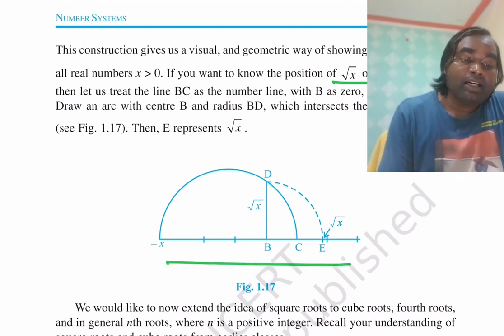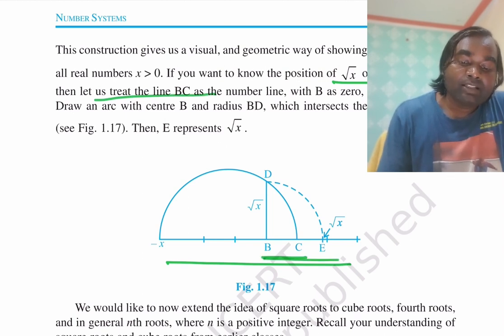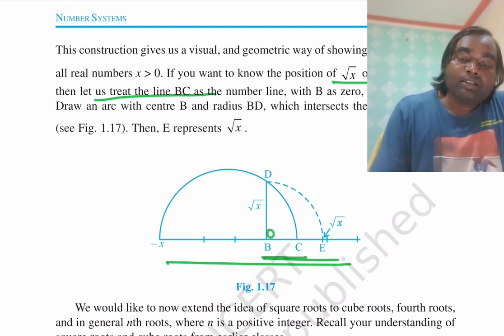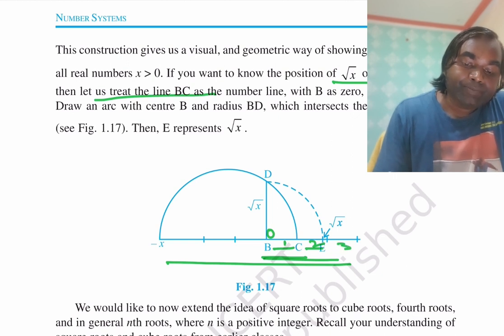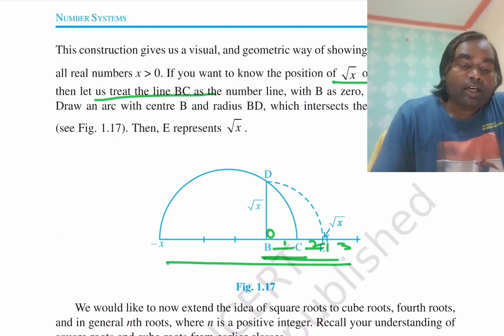So the method is, let us treat the line BC as the number line. We draw this as a number line with B at 0 and C at 1. That means this is 1, this is 2, and so on. Now we draw an arc with center B and radius BD.